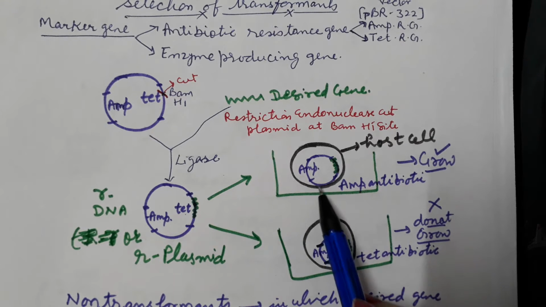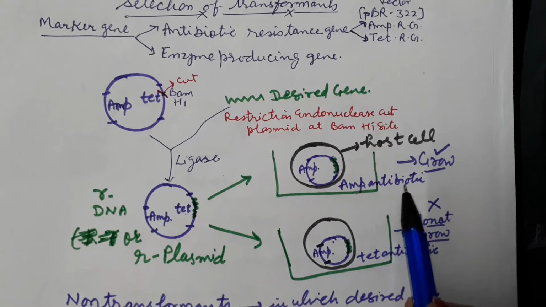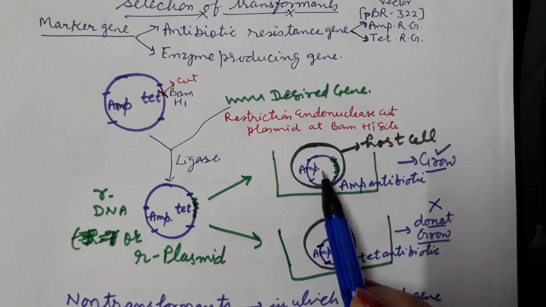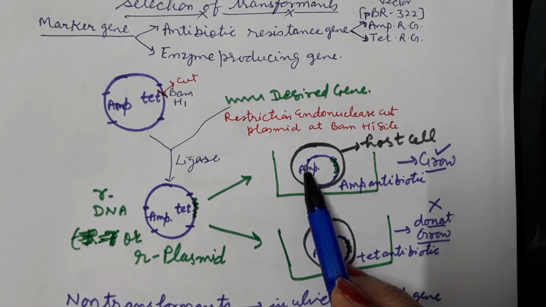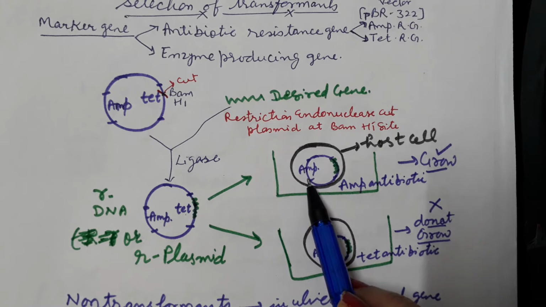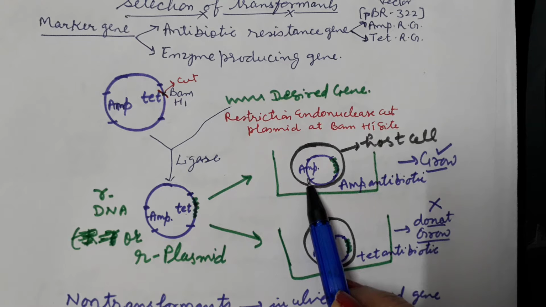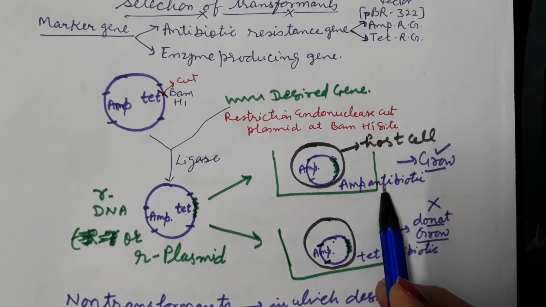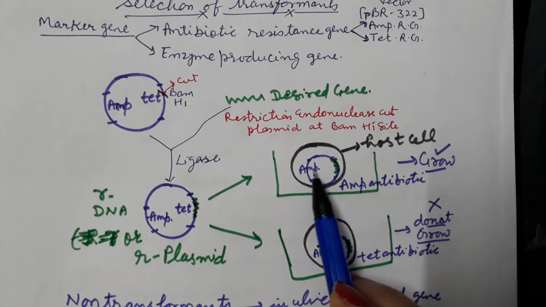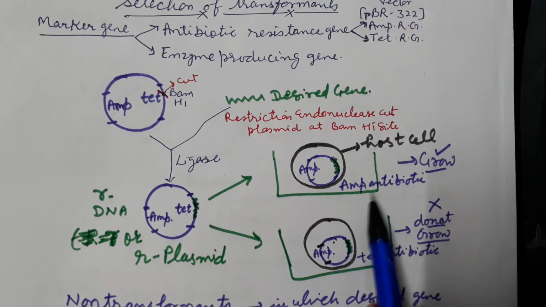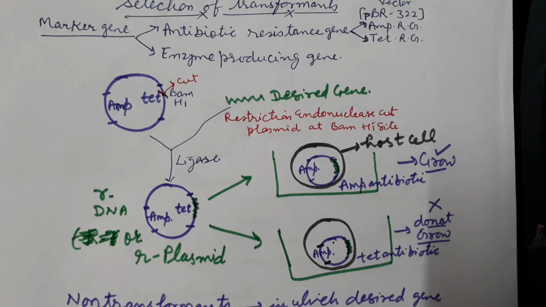So the host cell becomes a transformant because the desired gene is present inside. When we put this transformant into the ampicillin antibiotic containing culture medium, it will grow because the ampicillin resistance gene is present inside it. So in the presence of ampicillin antibiotic, it will grow because the ampicillin resistance gene makes it possible to grow.